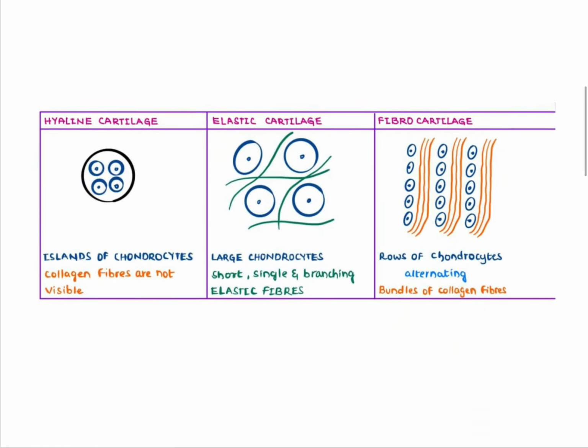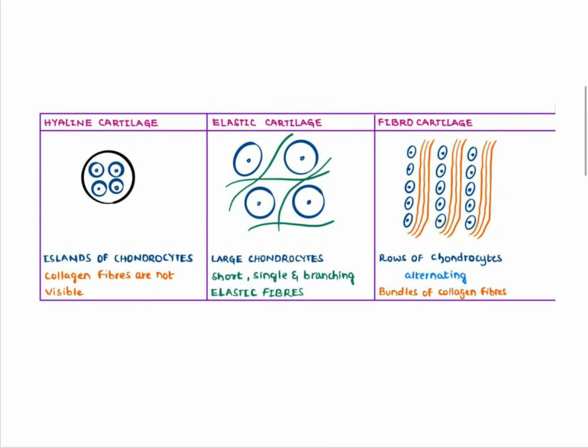If you try to understand the basic histology of the various cartilages, we should be able to identify them as well. I'll give you some very important cues to identify those cartilages. In the hyaline cartilage, you will be seeing large chondrocytes. There will be islands of chondrocytes, and you won't be able to see the collagen fibers.